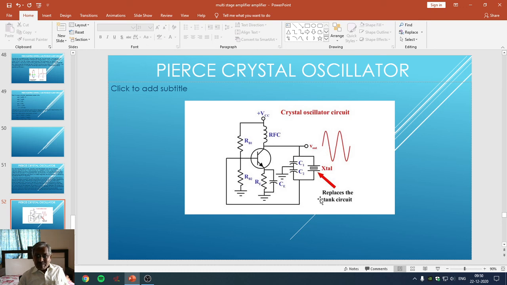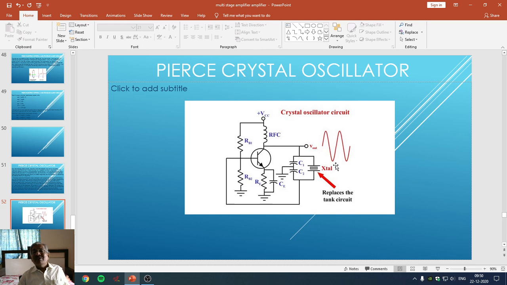Friends, the crystal oscillator generates frequency in a high frequency range. Different frequency crystals are available, starting from kilohertz to megahertz. That particular magnitude of frequency is generated by using this particular MOSFET.